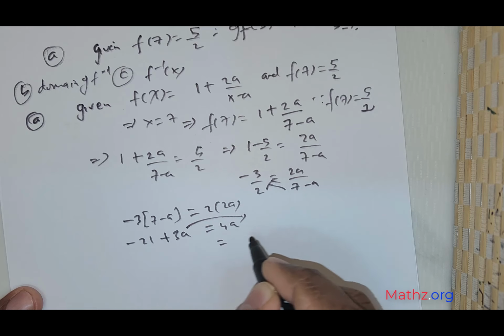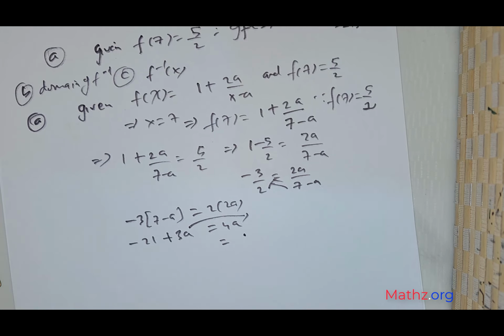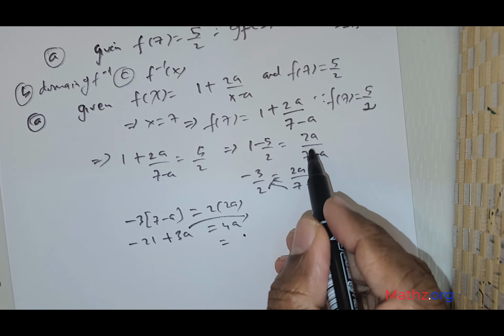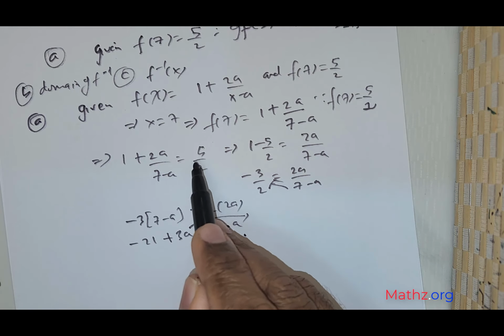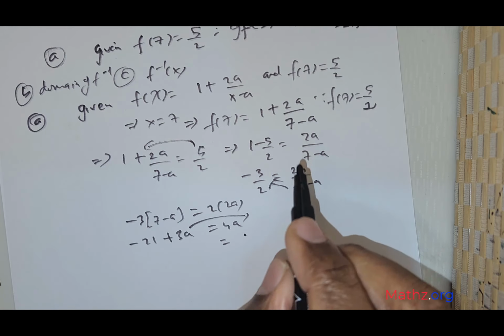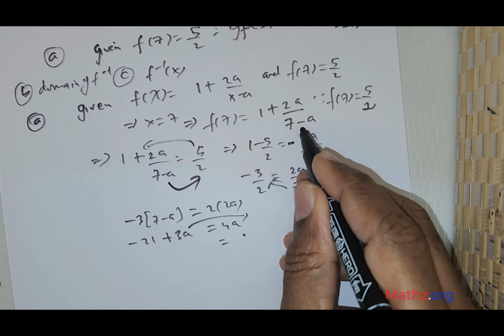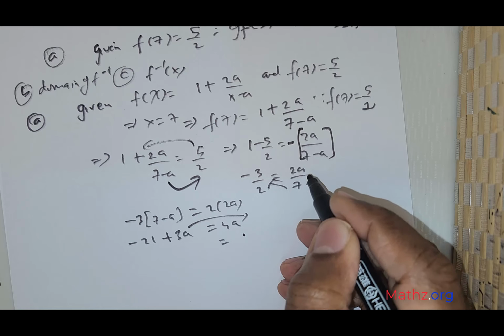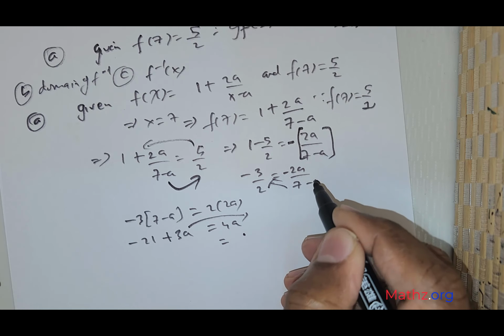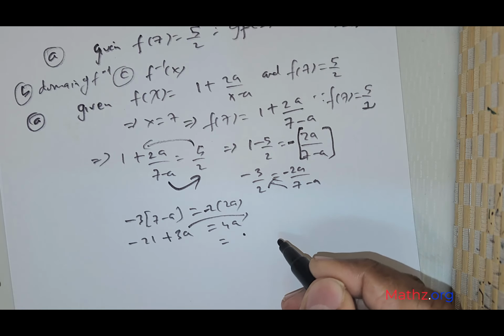You move this to the other side. There's one thing you need to follow here. We are moving this to the other side, so naturally a negative sign will be carried on.